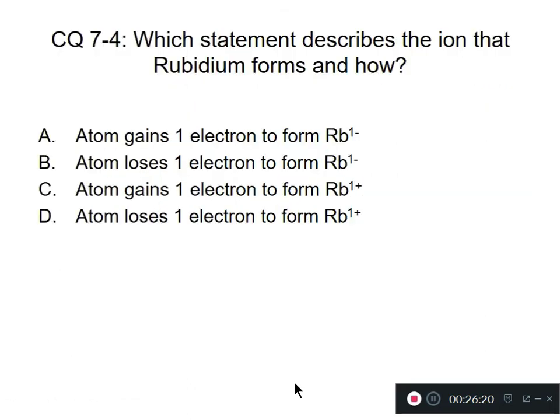Which statement describes the ion that rubidium forms and how? Does it gain 1 electron to form rubidium minus, lose an electron to form rubidium minus, gain an electron to form rubidium plus, or lose an electron to form rubidium plus? Again, what do we already know about rubidium from the previous question?